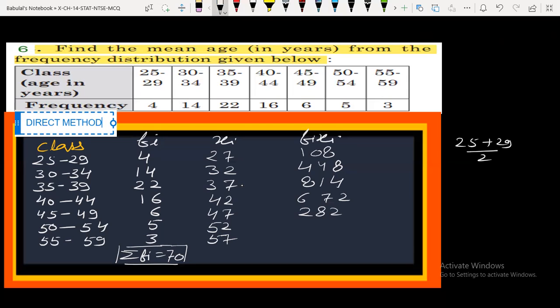Then 52 into 5, this is 260. And 57 into 3, that is 171. Then find their sum.